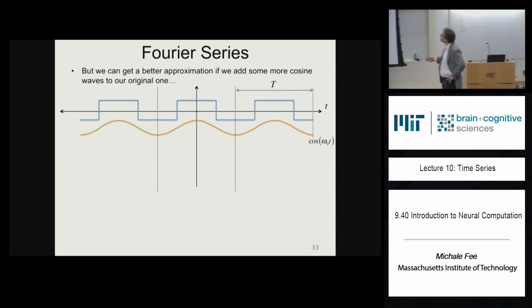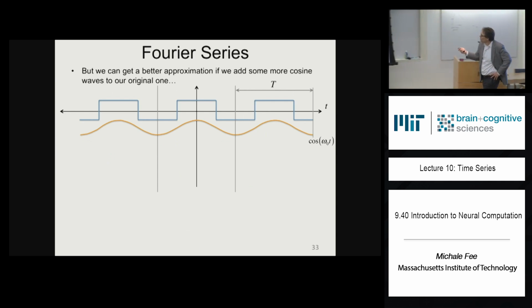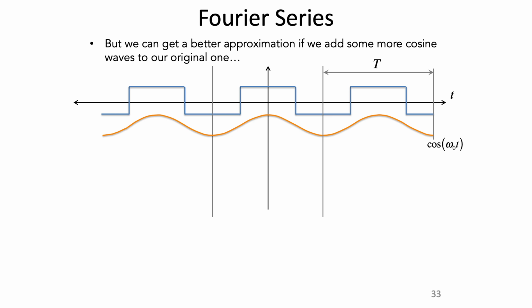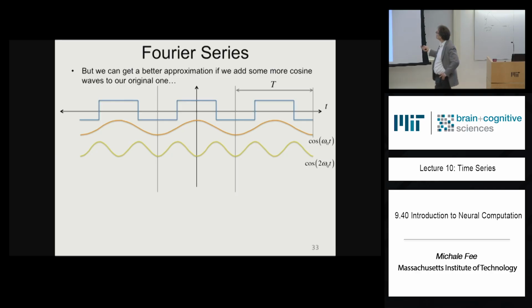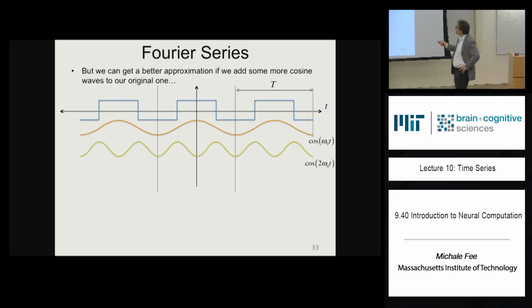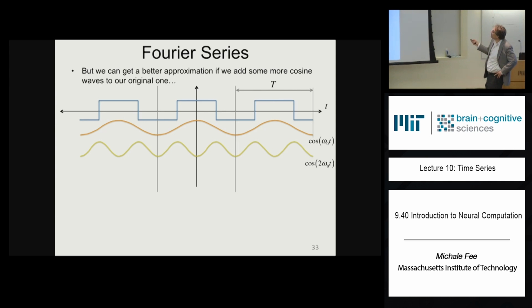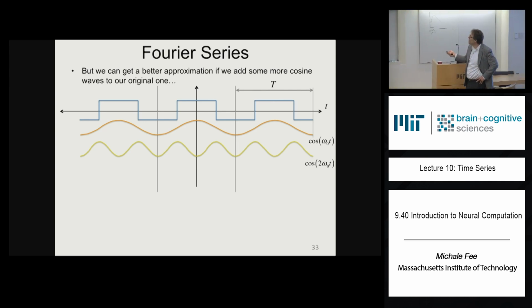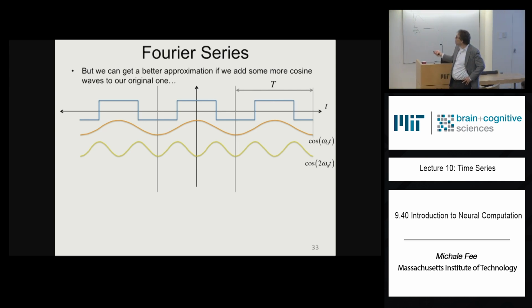If we want to make a better approximation, we can add more sine waves or cosine waves. It turns out that we can approximate any periodic signal by adding more cosine waves that are multiples of this frequency omega naught.